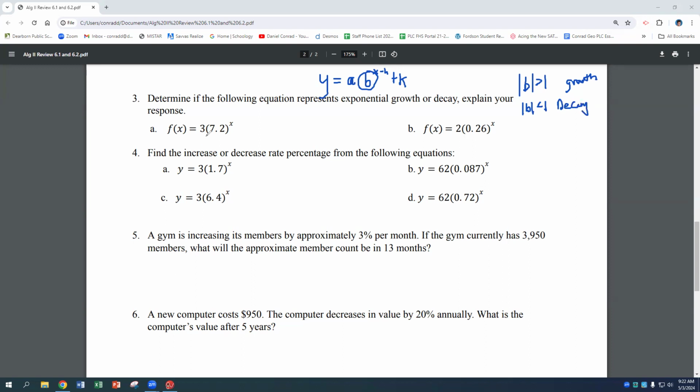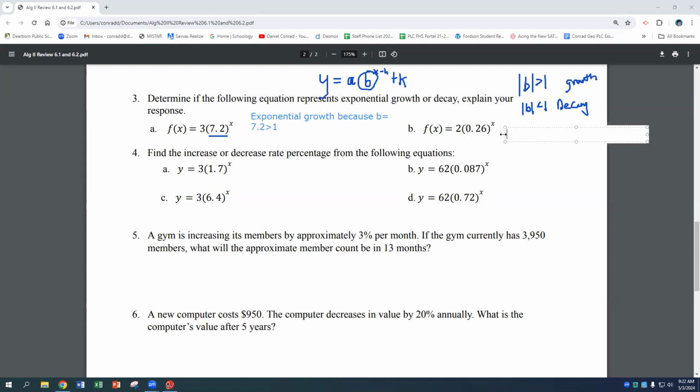Okay, so the first one is exponential growth, because b equals 7.2, which is greater than 1.